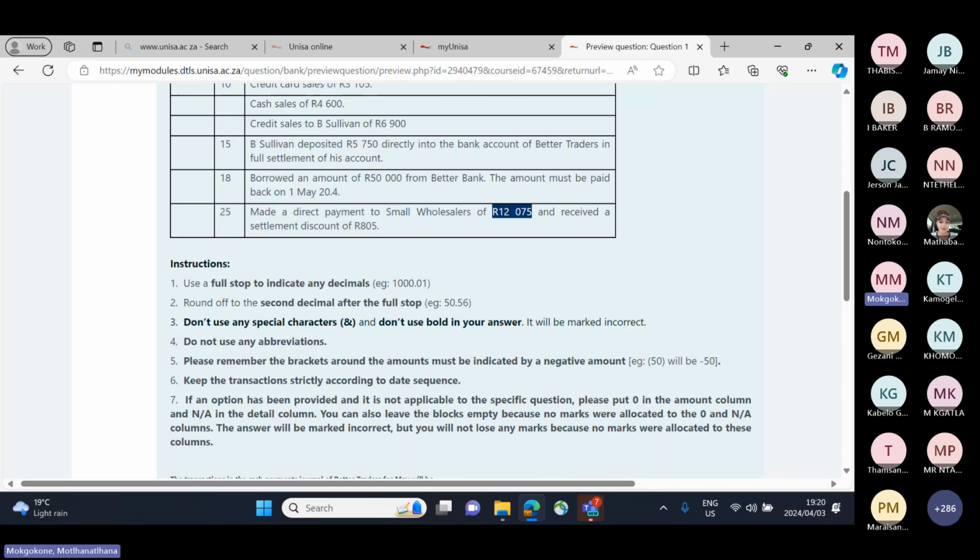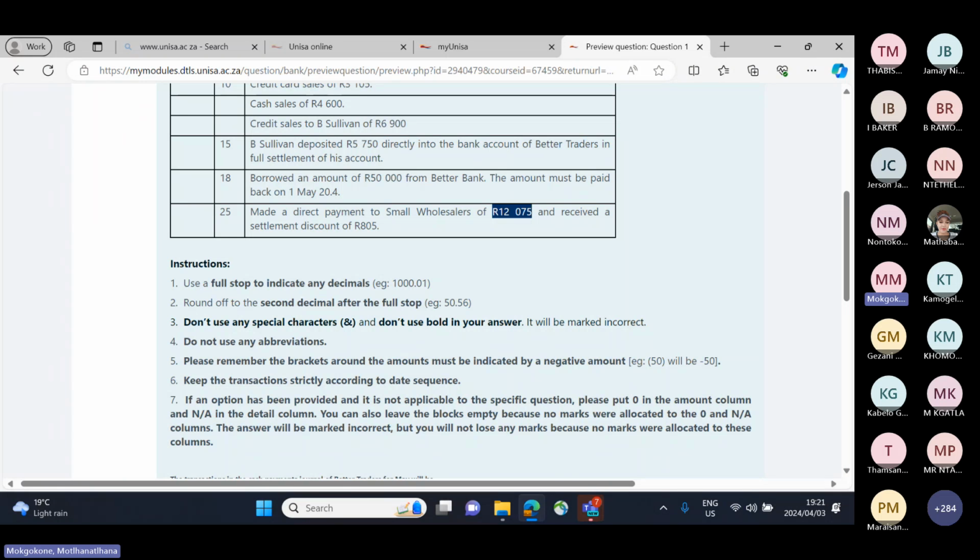Instead of paying small wholesalers 12,075, now we are paying the amount excluding the settlement discount. Now we paid the creditor 11,270.